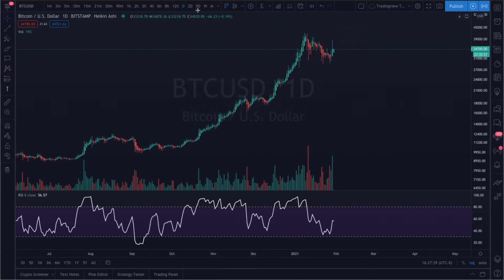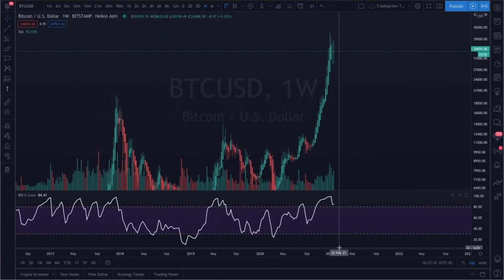And we can see this on higher time frames as well. If we go to the weekly chart, you can see that ever since October 26th, Bitcoin has technically been overbought. Now, if we bring this down to 70, we say that the Bitcoin price has been overbought since the 12th of October.